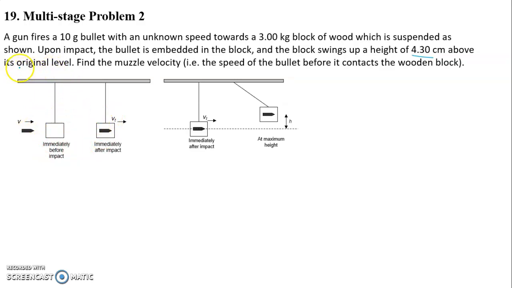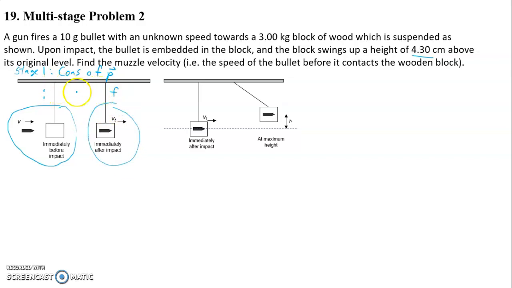Certainly, we can say that's stage 1, and if it's a collision, then momentum is conserved. So we can use conservation of momentum, and we can say this is our initial, and then this is our final.